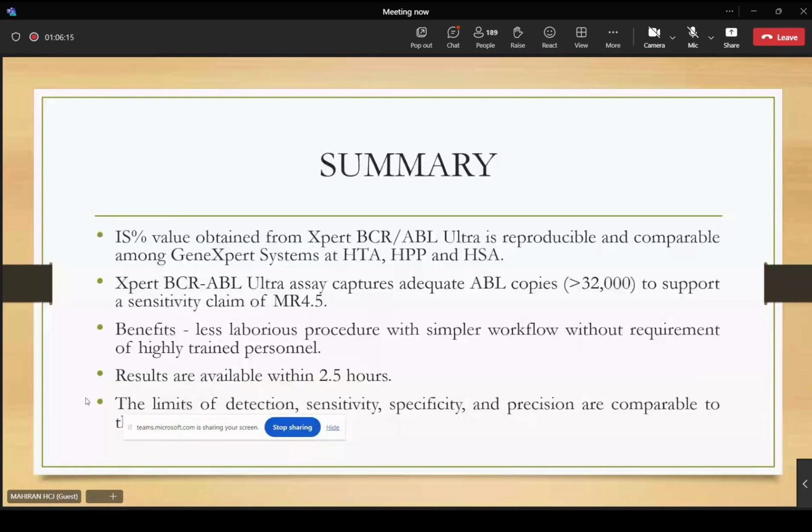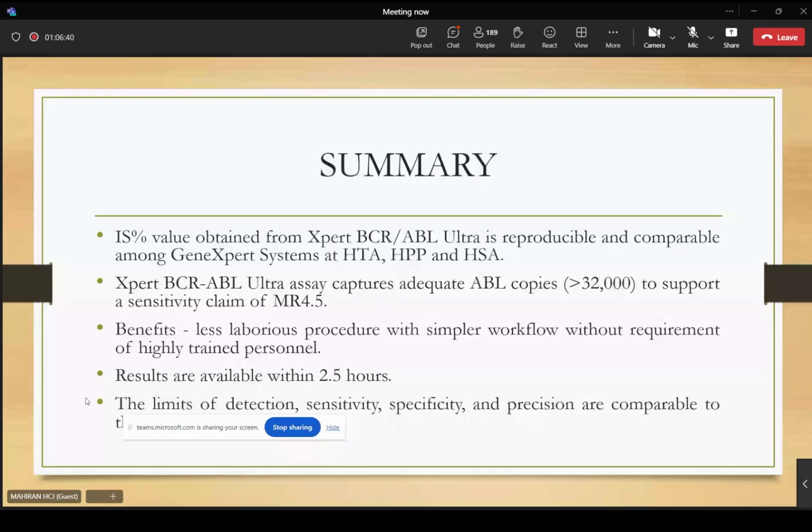So as a summary, IS percentage value obtained from expert BCR ABL Ultra is reproducible and comparable among Genexpert system at 3 center. Expert BCR ABL Ultra assay captures adequate ABL copies more than 32,000 to support a sensitivity claim of MR 4.5.